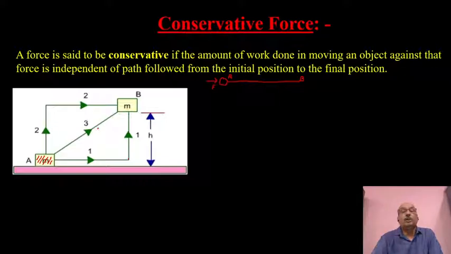If the work done is the same in all conditions, whether we take path 1, path 2 or path 3, then we say the force applied on this object for displacing it from A to B is called conservative.